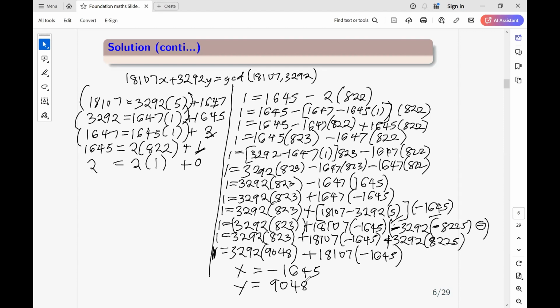Any question on what he has done? He began by finding the GCD using the Euclidean algorithm. And then he used the extended Euclidean algorithm to write the GCD as a linear combination of the two numbers. And he has tried to confirm that the two numbers given are correct.